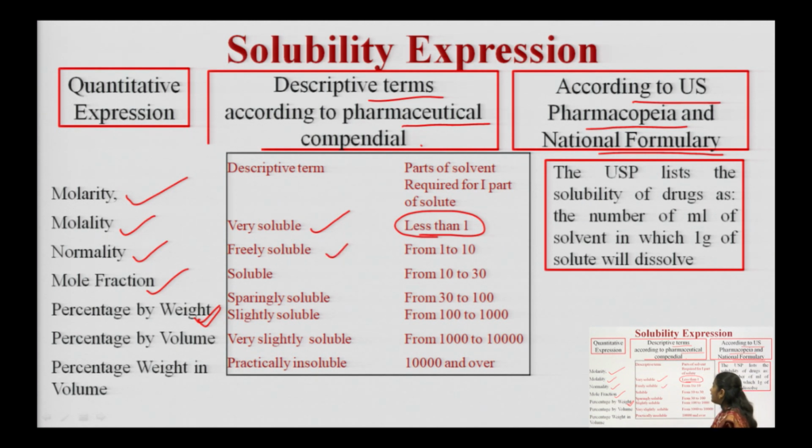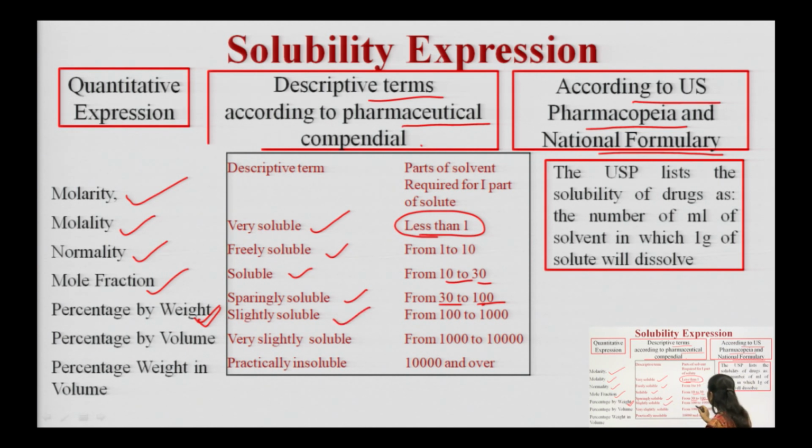The solute is called freely soluble when it requires 1 to 10 parts of the solvent to dissolve 1 part of solute. Soluble, when the solute requires 10 to 30 parts of the solvent to dissolve 1 part of solute. Sparingly soluble, when the solute requires 30 to 100 parts of solvent to dissolve 1 part of solute.